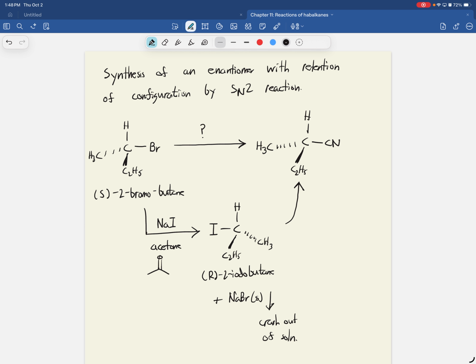How would I go from my now 2-iodobutane to get a cyanide, or CN group, on there? Remember the cyanide ion from Chem? That's negatively charged, so you need to use a salt. Common salts here are sodium, potassium, sometimes lithium. So how would I get cyanide in there?